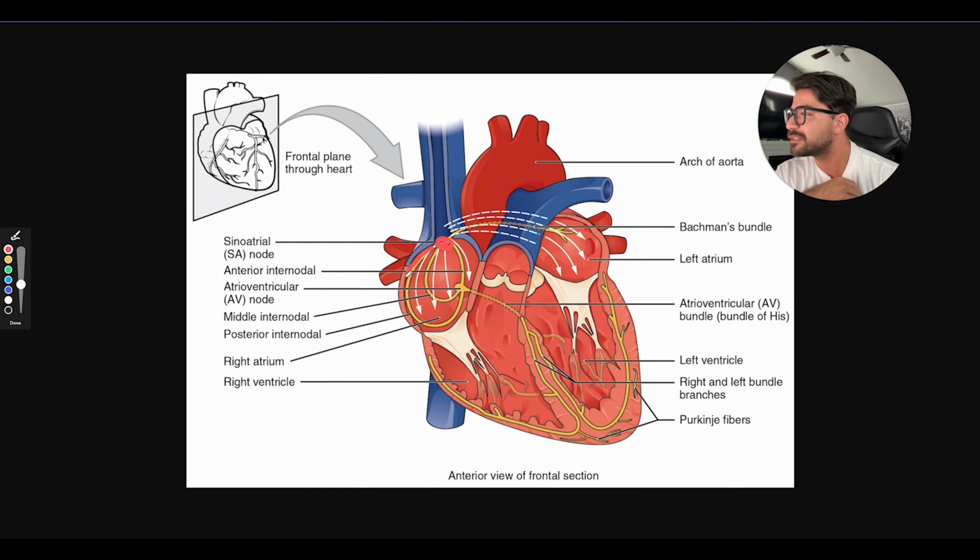It's then going to be sent through these internodal fibers to the atrioventricular node, or the AV node, where this signal is then concentrated, and it's going to be sent through the AV bundle, or the bundle of His, before it divides into our right and left bundle branches, where it's then going to be carried down and give off these Purkinje fibers, which are going to allow that electrical signal to stimulate those myocardiocytes.